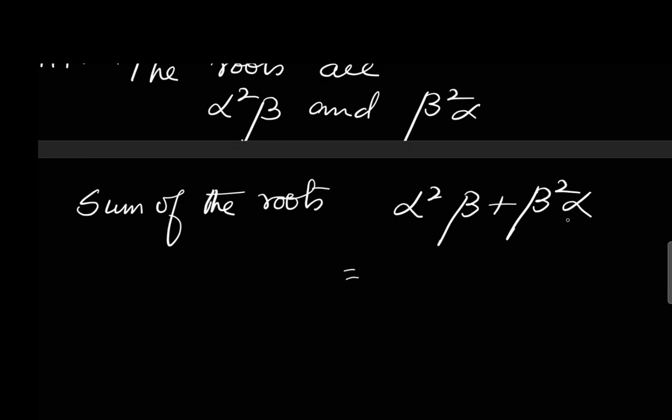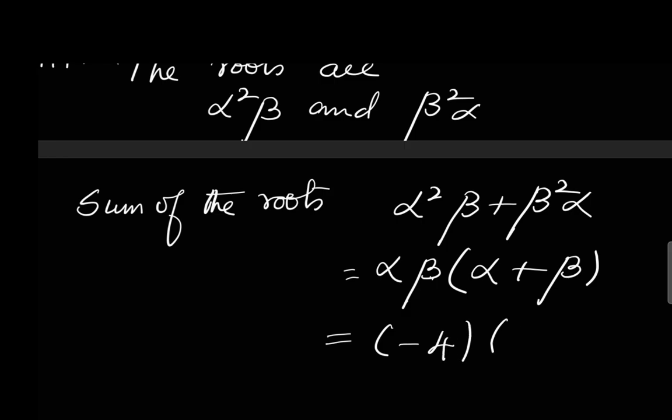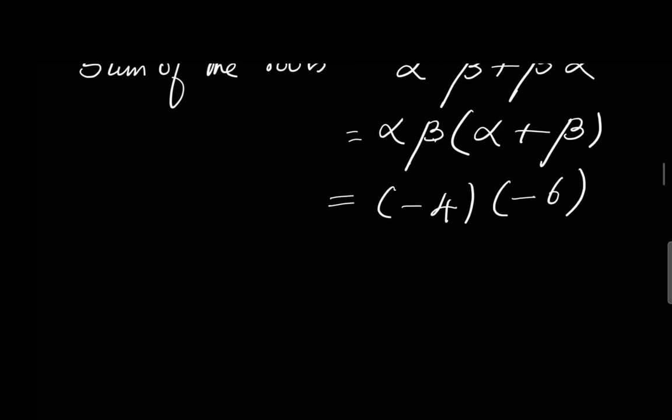See, alpha squared, alpha: you have to take the least power as common. So alpha outside. Beta, beta squared: least power is beta. Put the bracket. So in alpha squared beta, one alpha I have taken outside, one beta. So the remaining is alpha plus. Then one alpha taken outside from beta squared, one beta outside. So remaining one beta. So alpha beta into alpha plus beta. So what is here? Alpha beta, product of the roots, is minus 4 and sum of the roots is minus 6. Minus into minus plus, 4 6s are 24.